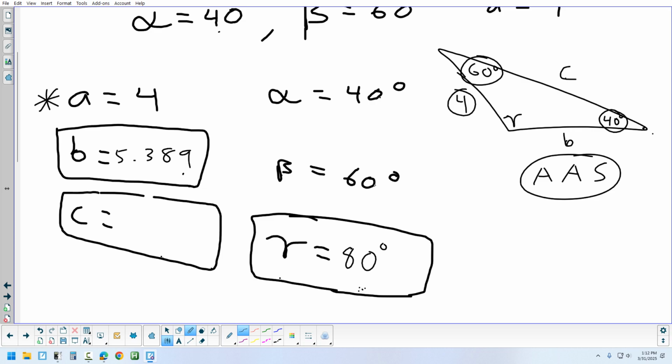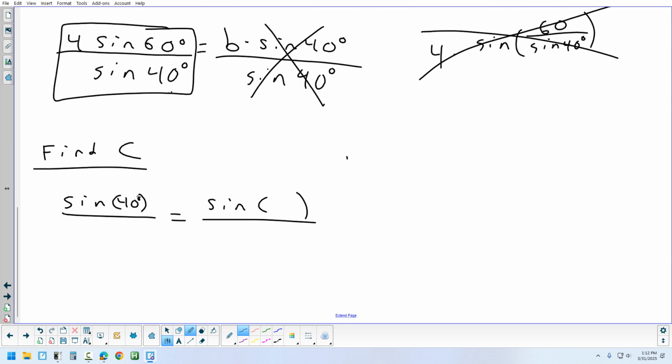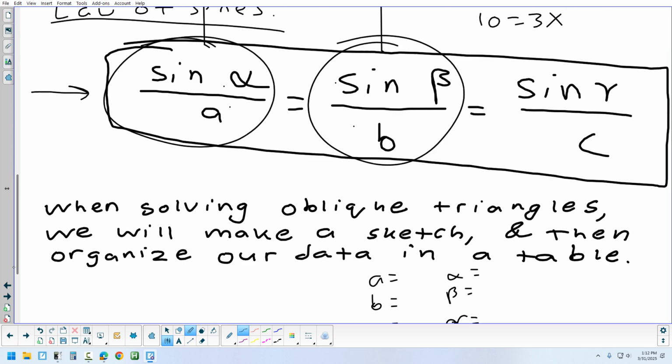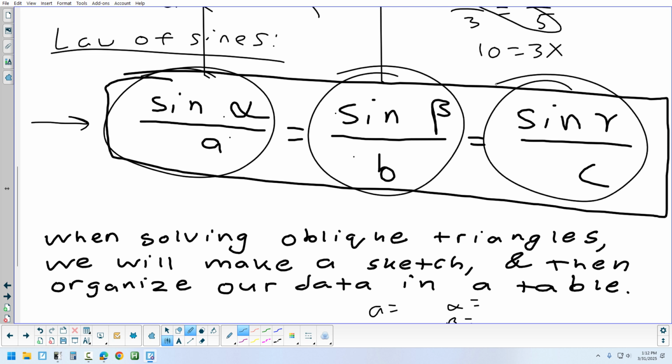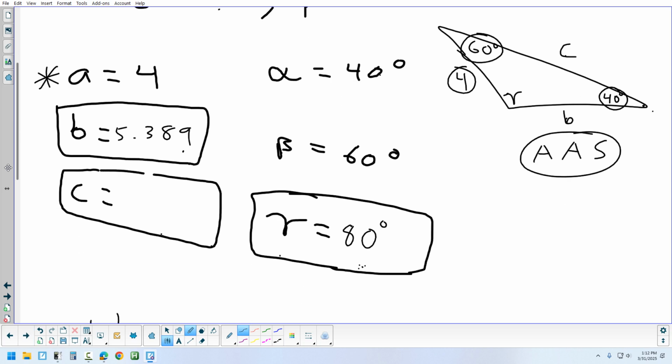So we're going to stick with sine of 40 over 4 again. And now, since we're finding C, you need this part: sine gamma over C. What's gamma? 80. So that's something we calculated. We have to use it.